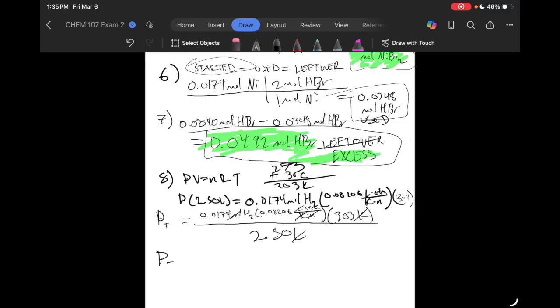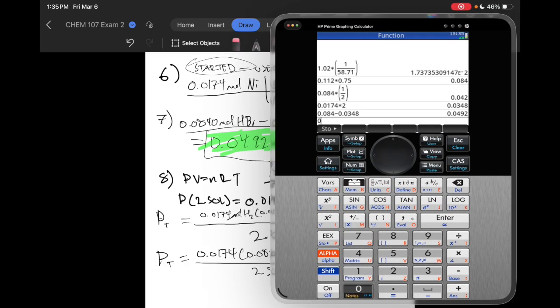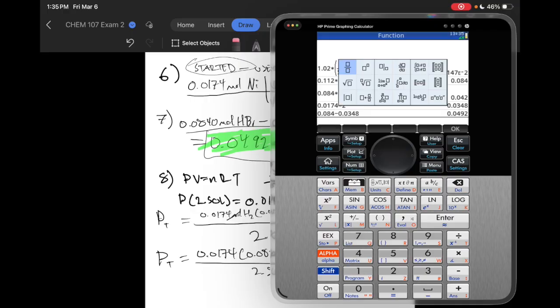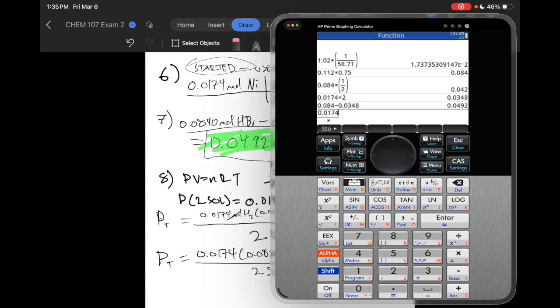So P theoretical is equal to 0.0174 times 0.08206 atmospheres times 303 over 2.50. We just plug this into the calculator: 0.0174 times 0.08206 times 303, all over 2.50.